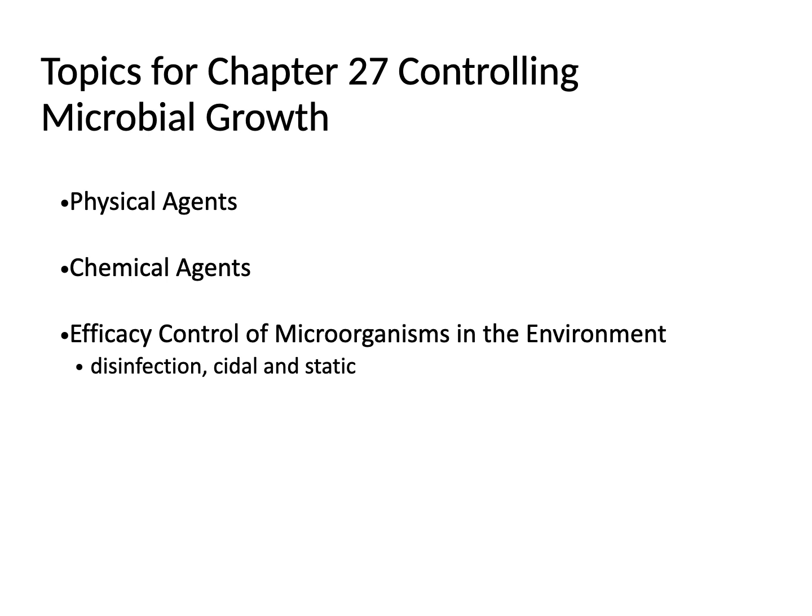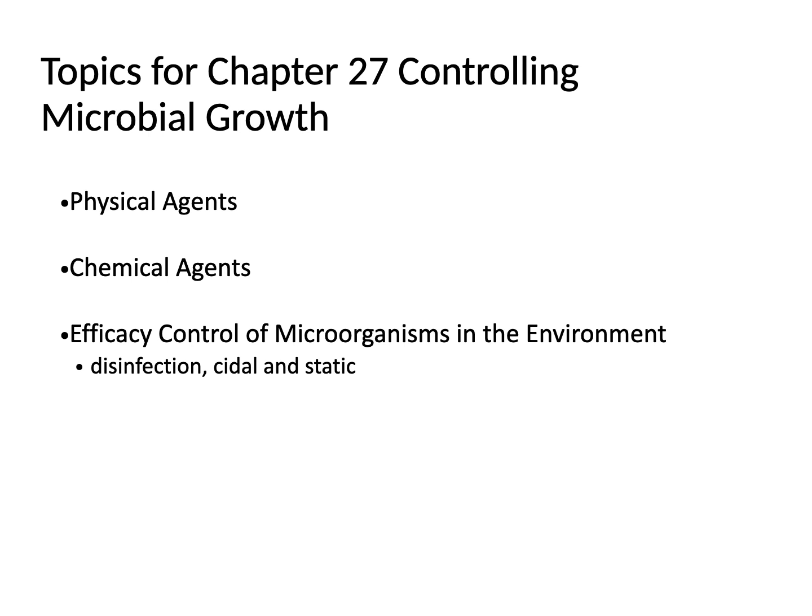When we have a physical, chemical, or other agent that we're using to control microbial growth, we look at how effective it is. I always refer to it as this level of clean. The effectiveness of control can lead to disinfection, sterilization, or sanitation.